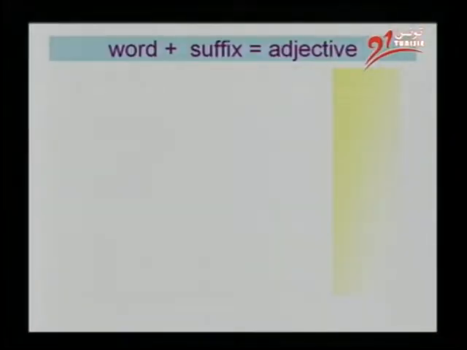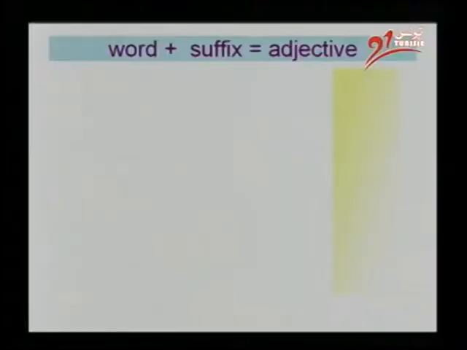As you see here, you have word plus suffix, you have adjectives. You say, well, what's the rapport between adjectives and reading the back cover of a book? Reading the back cover of a book, how can we understand that we are interested in this novel or this book?